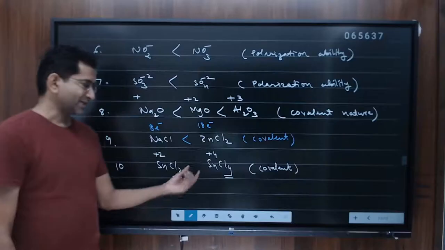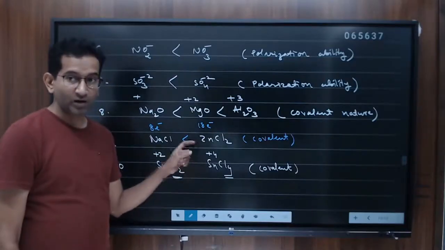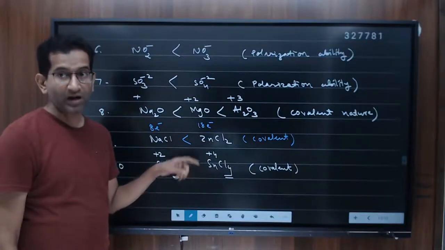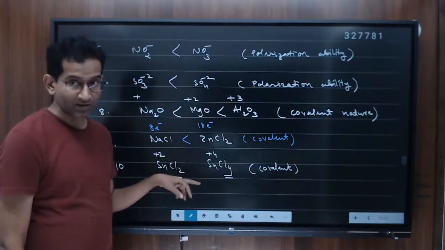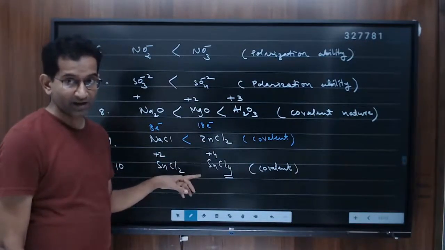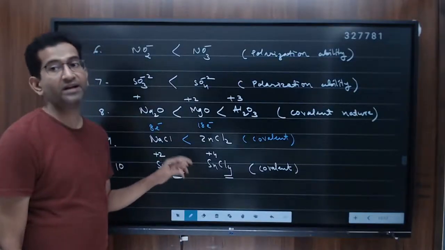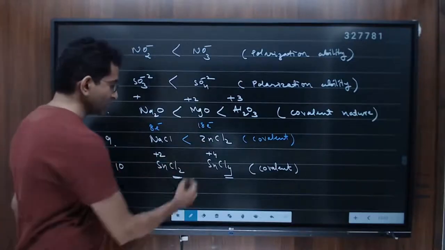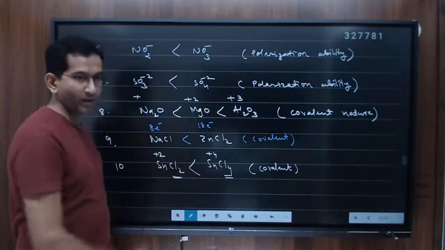So this has higher charge, definitely lower size. Higher charge, lower size. Smaller the cation, definitely it has a more tendency to pull the electron cloud of chloride. So this has more covalent character.